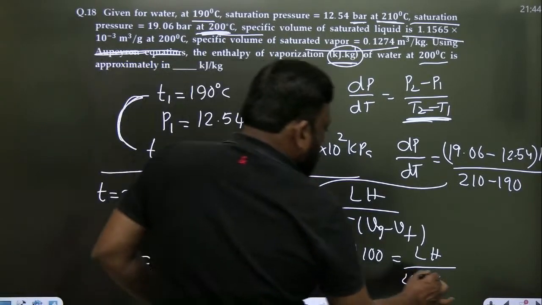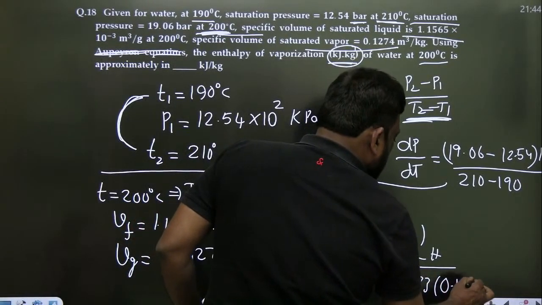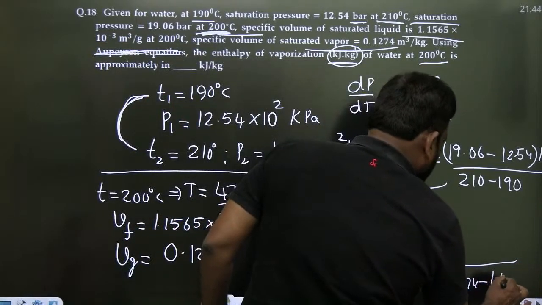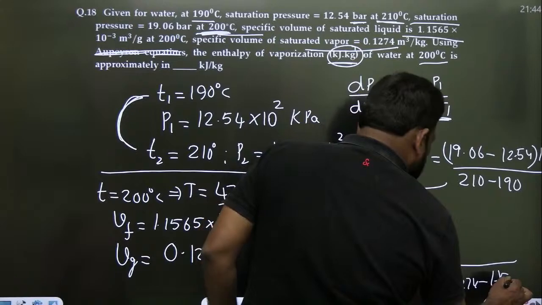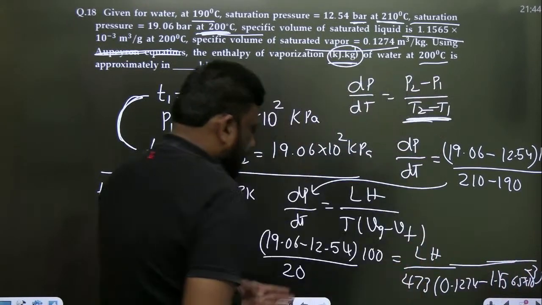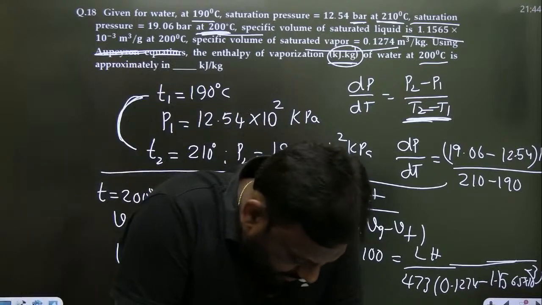Vg is 0.1274 minus Vf. What is Vf, sir? 1.1565 into 10 power minus 3. So all this is known. I get LH. How much is LH, sir?